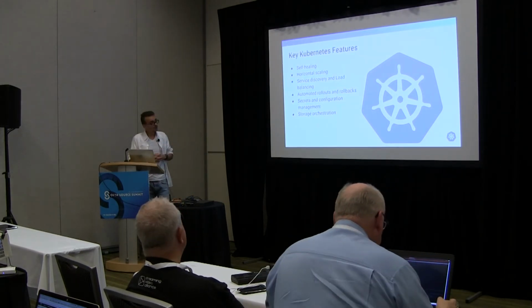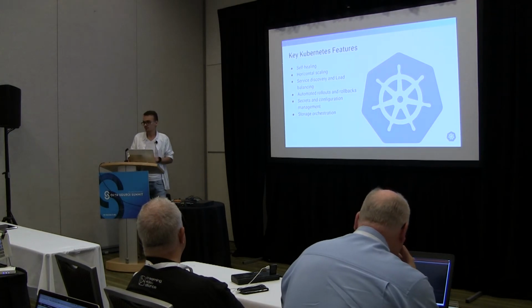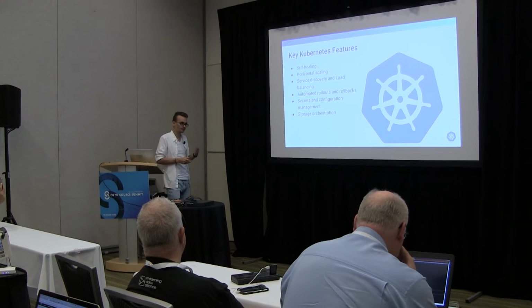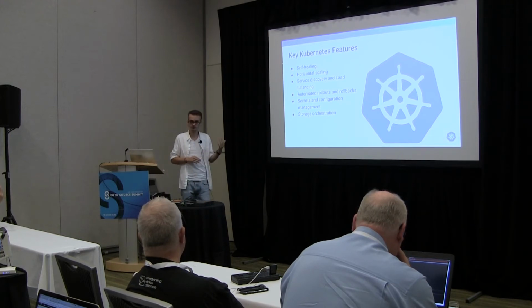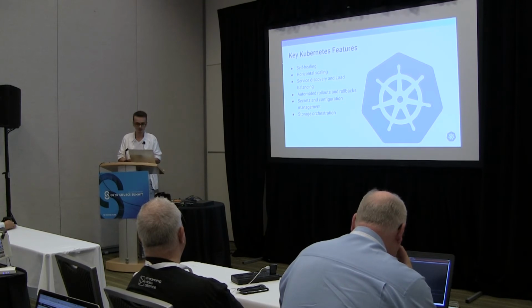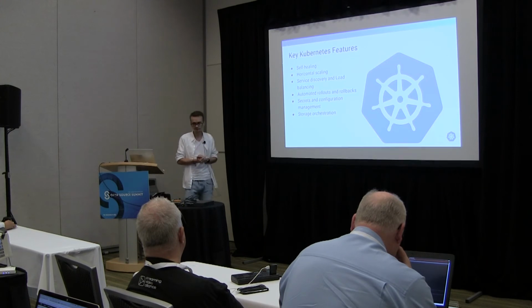So what are the key features of Kubernetes, and why do people prefer using it instead of its competitors, or instead of using raw containers without any kind of automation and orchestration? First of all, Kubernetes is self-healing.